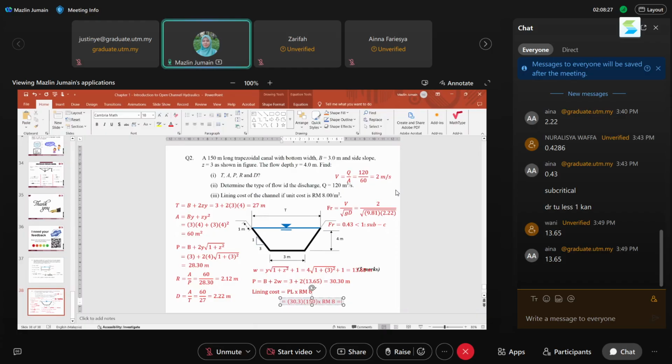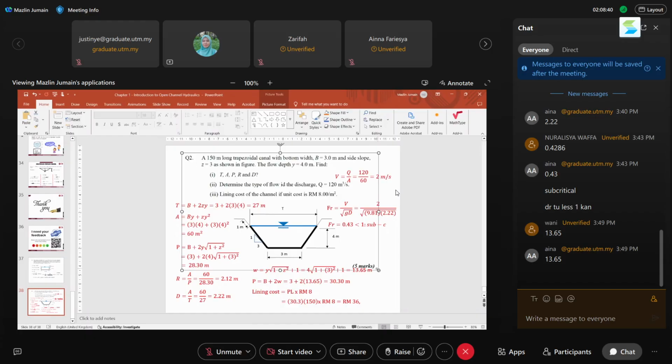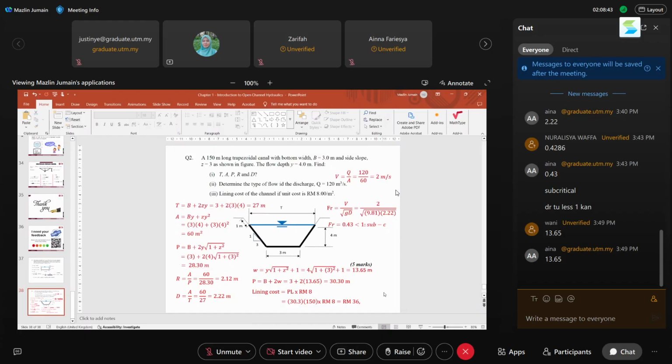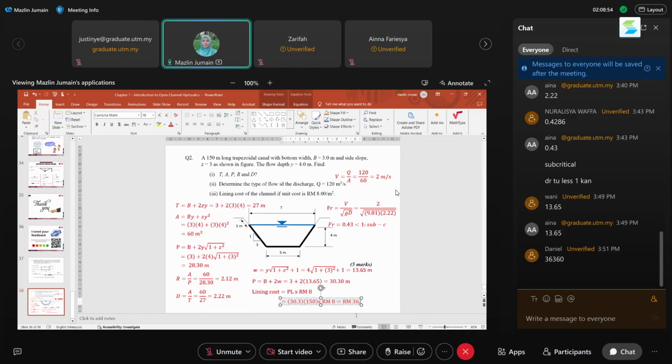So you get the lining cost equal to 36,000. Betul. So 36,360 ringgit. Okay.